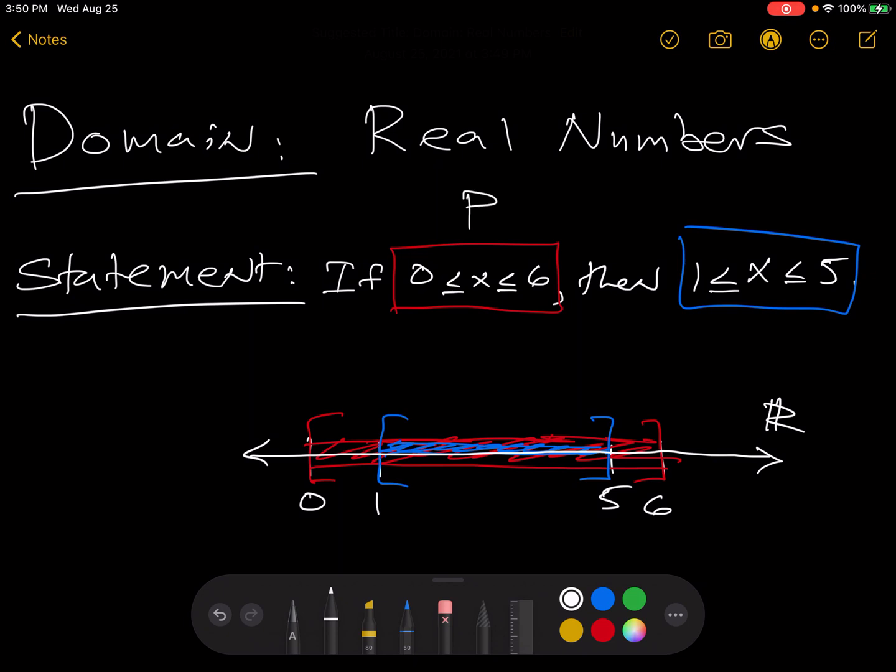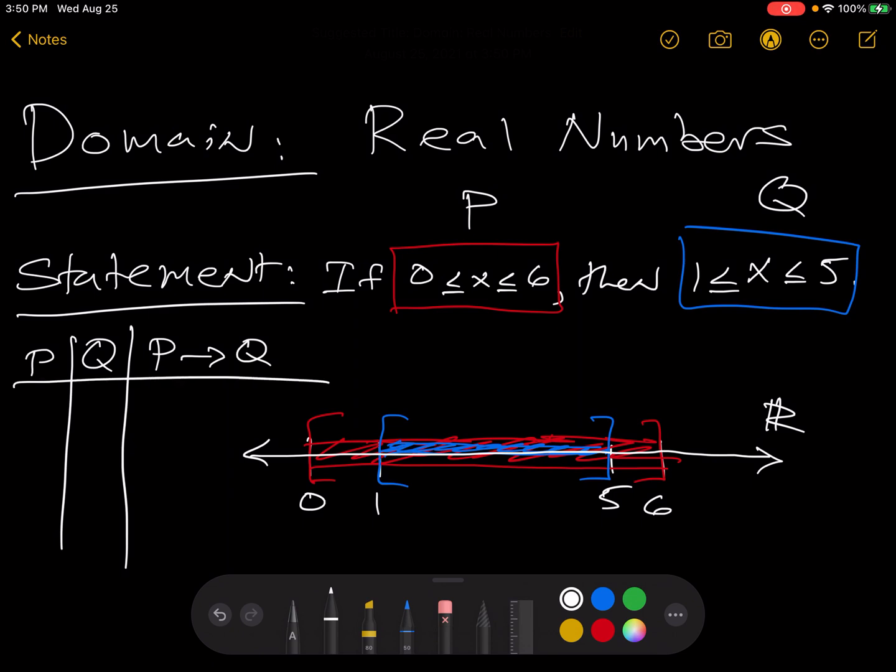Think of this as our P and this as our Q. P implies Q. If you're in the interval between 0 and 6, including 0 and 6, it doesn't necessarily mean that you're in the interval between 1 and 5, including 1 and 5.